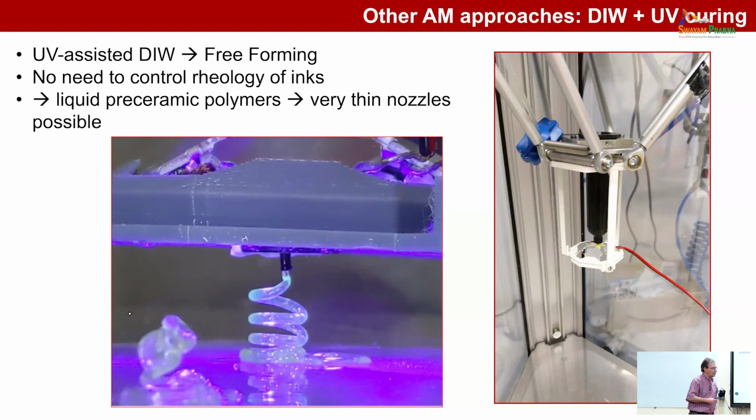Still talking about UV or photo curing of systems of preceramic polymers, we developed, this is one first approach, we have better systems now. We developed a possibility of extruding a preceramic polymer system that is photocurable.